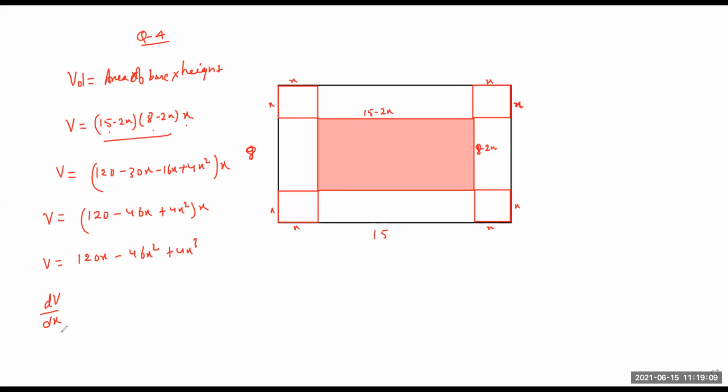The answer will be 120 minus 92x plus 12x square. So this is a quadratic equation, and if I equate it to 0, we have to solve the quadratic. That's a very bad quadratic, it doesn't look nice.